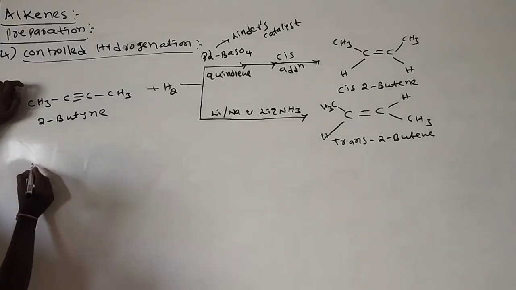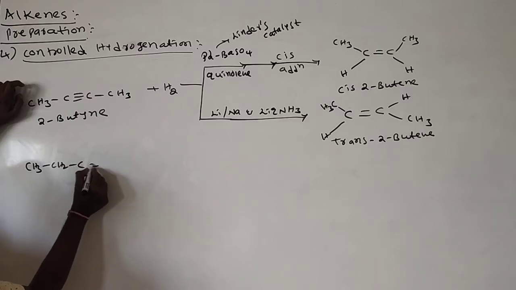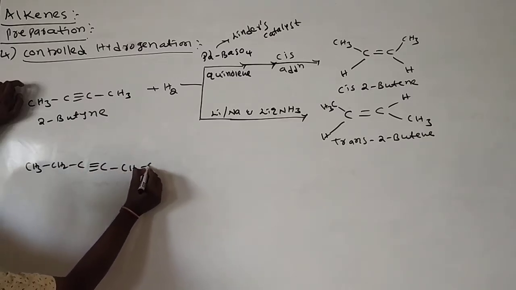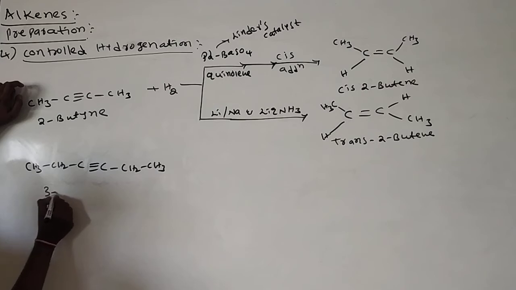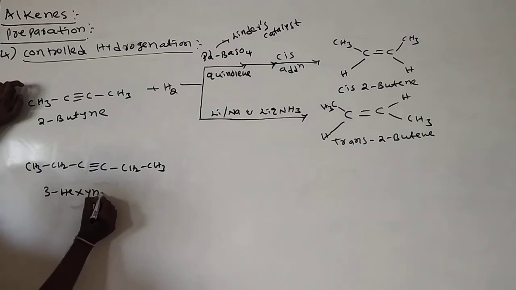Here I am taking one more compound, CH3CH2 C triple bond C CH2CH3. This we call 3-hexyne.